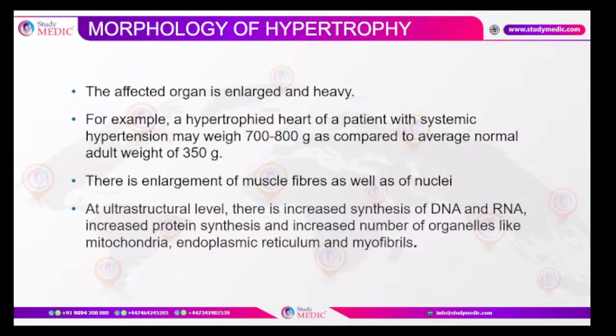At the ultrastructural level, there is an increase in the synthesis of DNA as well as RNA, an increase in protein synthesis, plus an increase in the number of organelles like mitochondria, endoplasmic reticulum, as well as myofibrils. So this is the morphology of hypertrophy: not just the increase in muscle fibers or the eosinophilic cytoplasm. The nuclear morphology is altered because of the increase in DNA, RNA and protein synthesis, and at the same time there are changes at the level of the organelles as well.